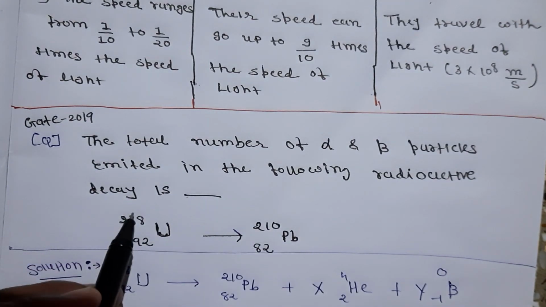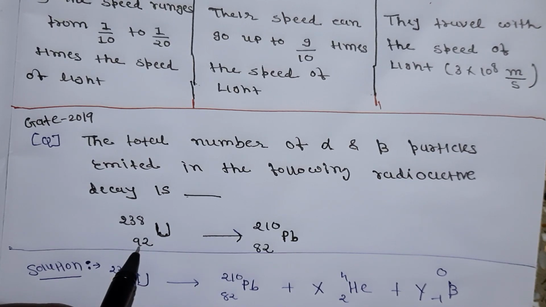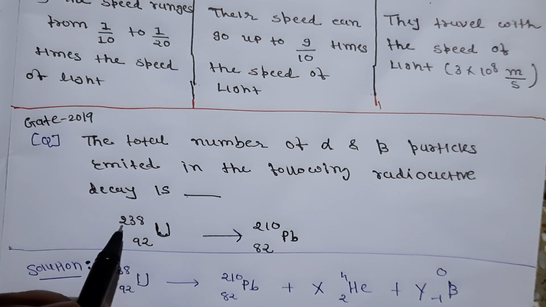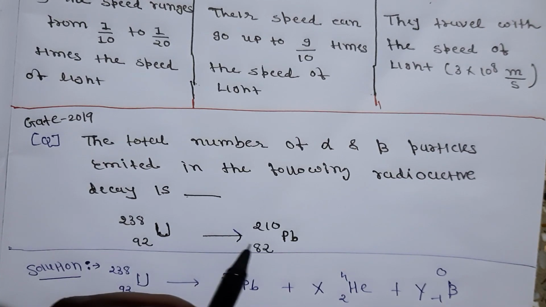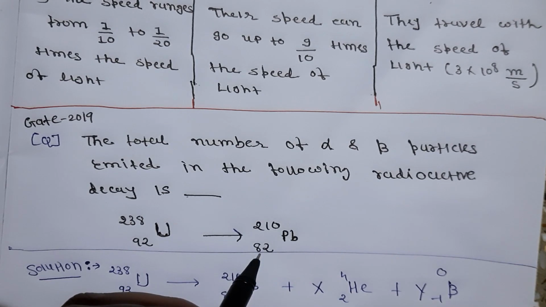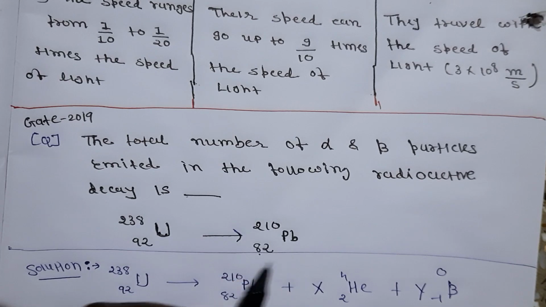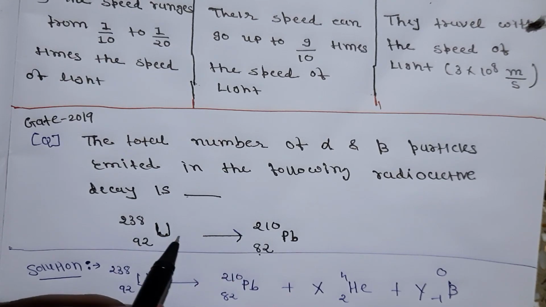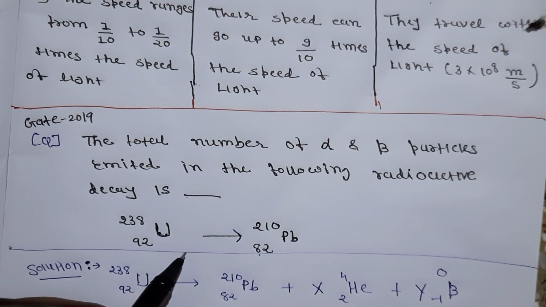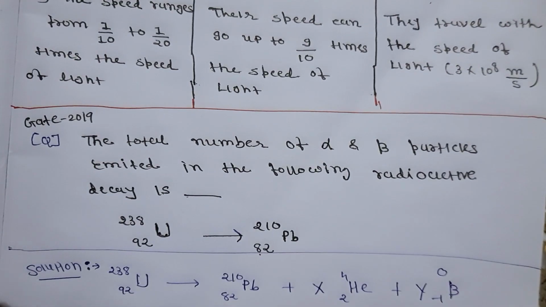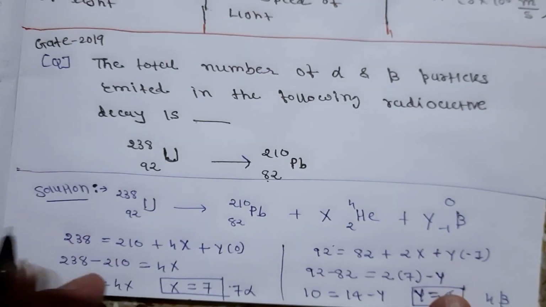The reaction given was uranium with atomic number 92 and atomic mass 238 converting into Pb with atomic number 82 and atomic mass 210. During this decay, how many total alpha and beta particles are emitted? We can easily solve this.